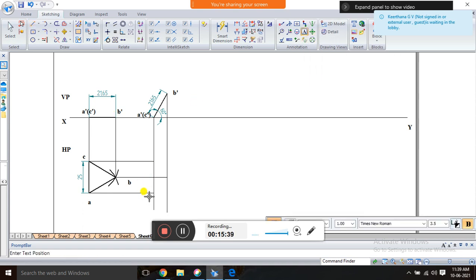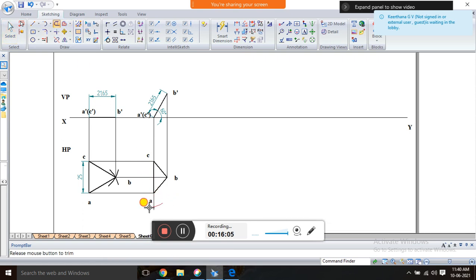Then you have to name them. This intersection is A, this intersection is B, and this intersection is C. Once you get ABC for the second position, you have to join A to B, B to C, C to A with the help of a scale.